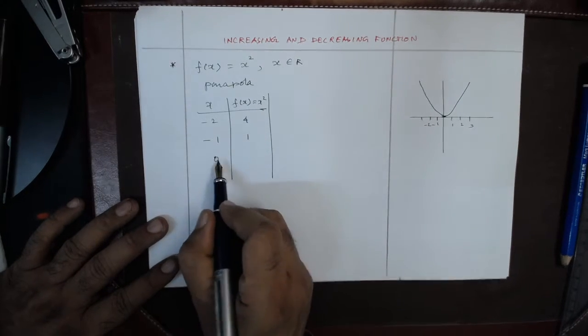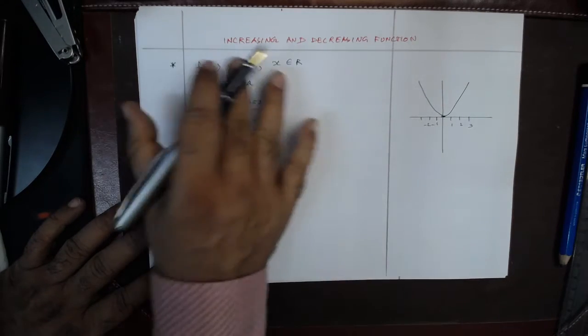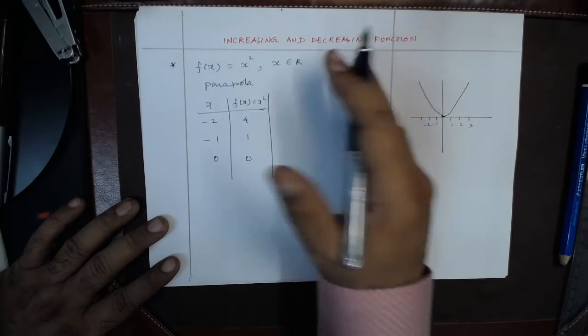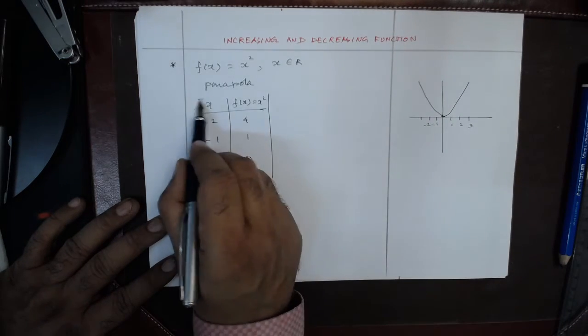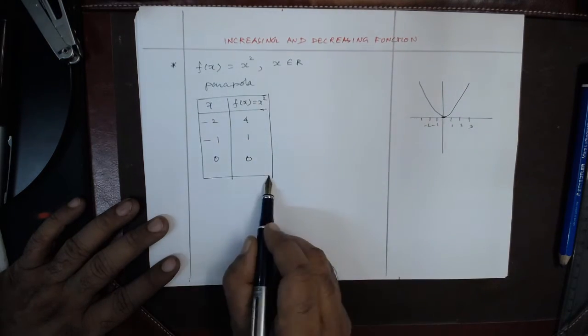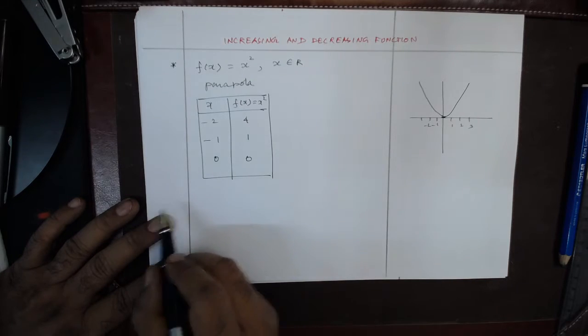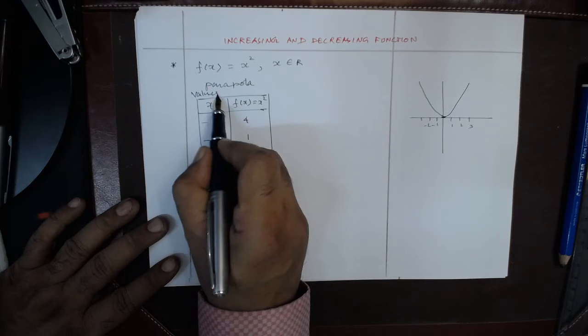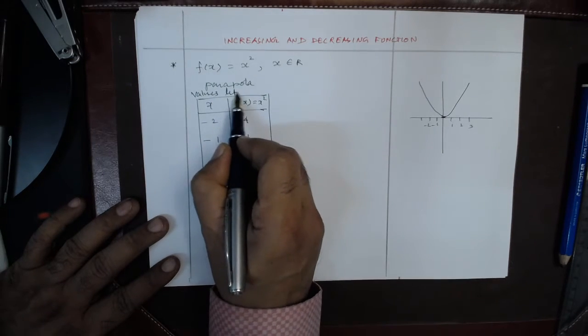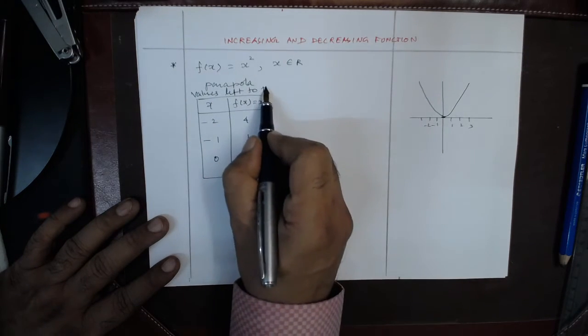When I put 0, it is 0. So these are all the values left to the origin. Are you able to follow? Values left to the origin. So you can put these values left to the origin.